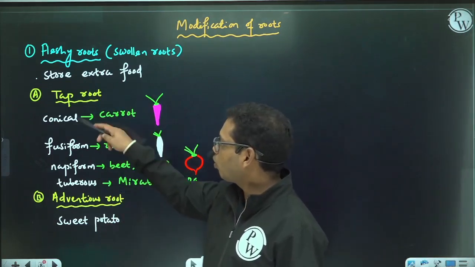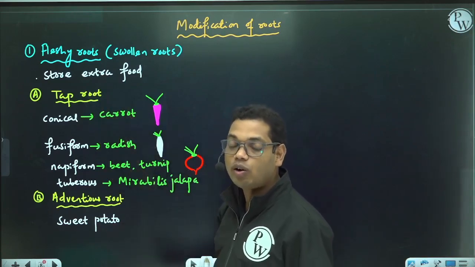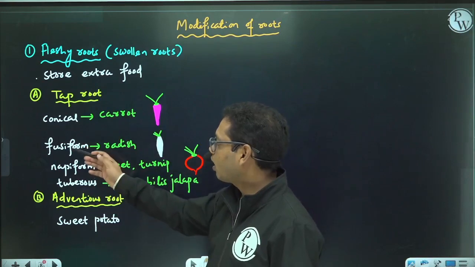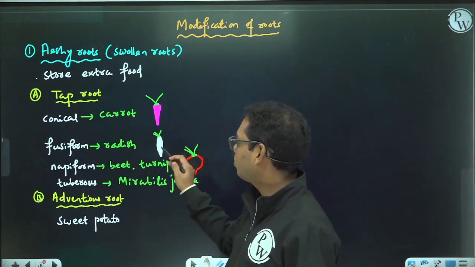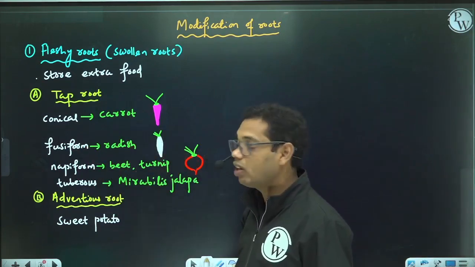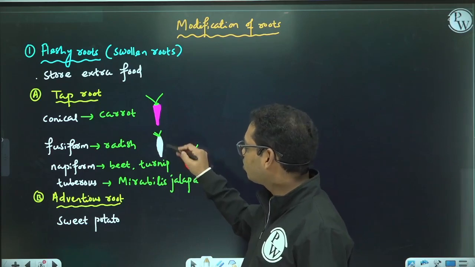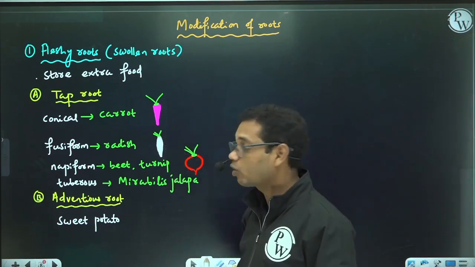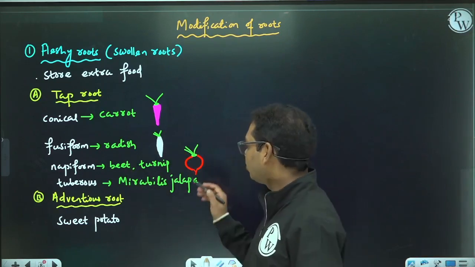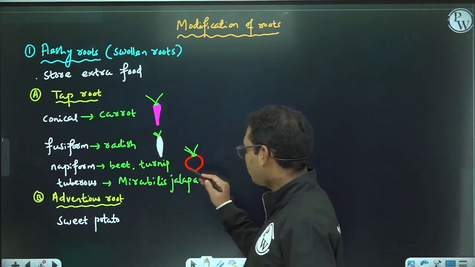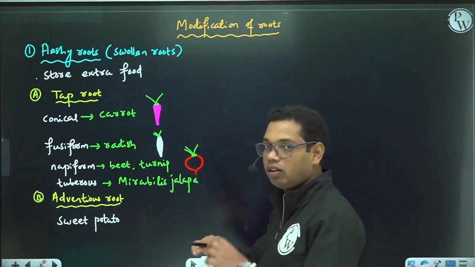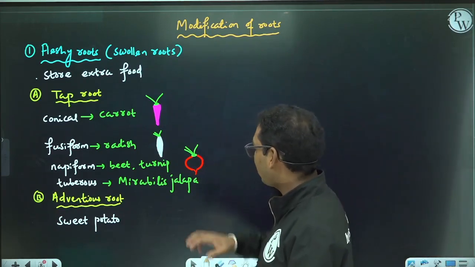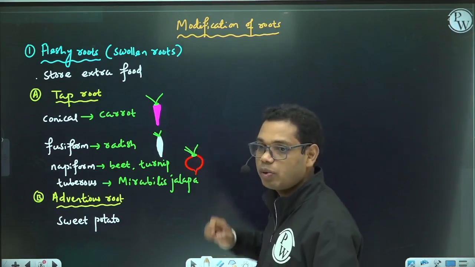Okay, so the modified taproots are classified on the basis of their shape. Okay, so they can be conical shape, they can be fusiform type. In fusiform type, both the ends they will have the pointed end and the middle part will be swollen. Okay, in napiform what will happen? The upper part will be swollen and the lower part will be highly pointed and it will appear as if it is a spherical structure.